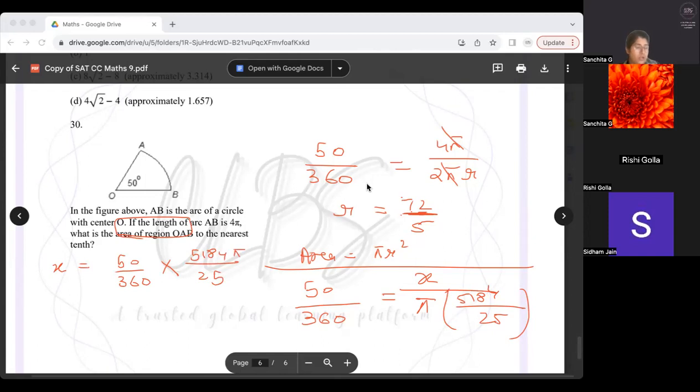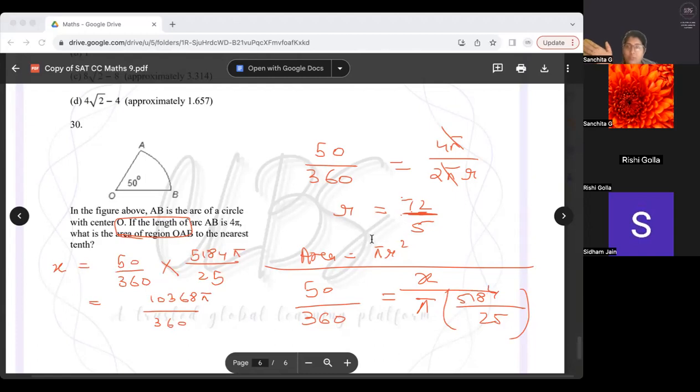Now you will calculate it. What are you going to get? You should be getting like 10,368 pi.